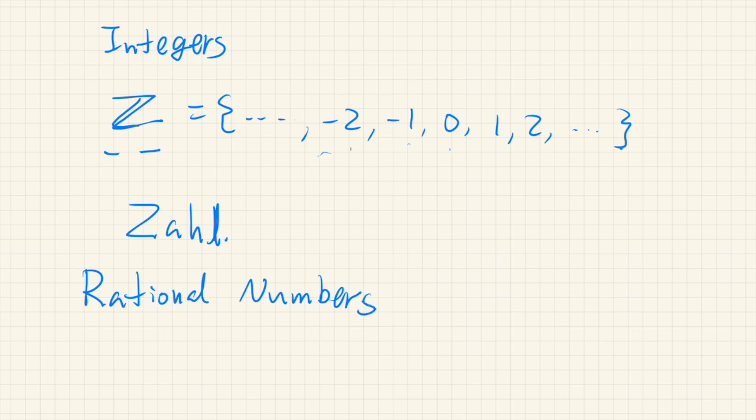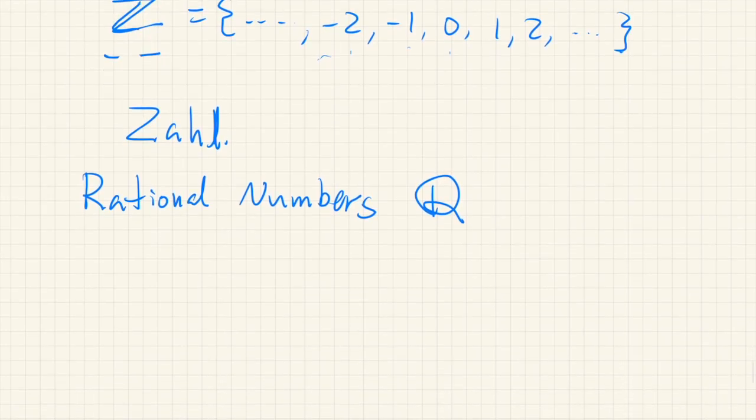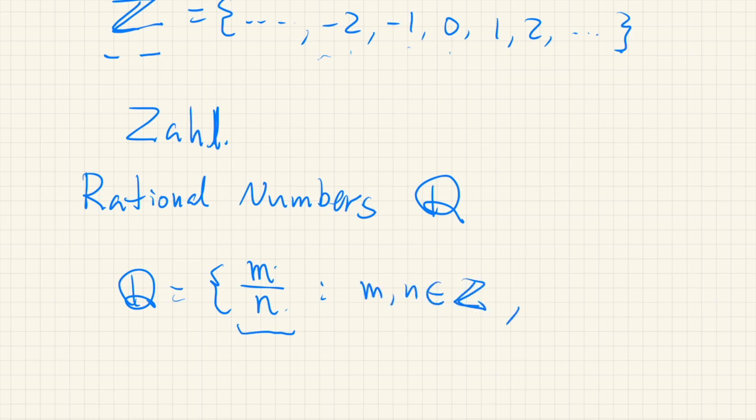Next, rational numbers, for which we use the symbol Q. Q comes from quotient, because rational numbers are the numbers that can be expressed as the ratio between integers, m over n. I assume you know what this means. m and n are integers, and n cannot be 0; the denominator is non-zero.